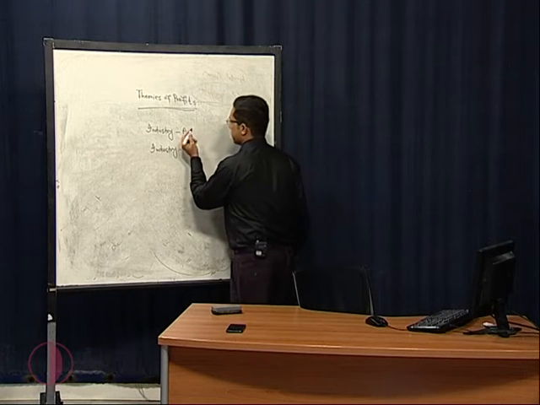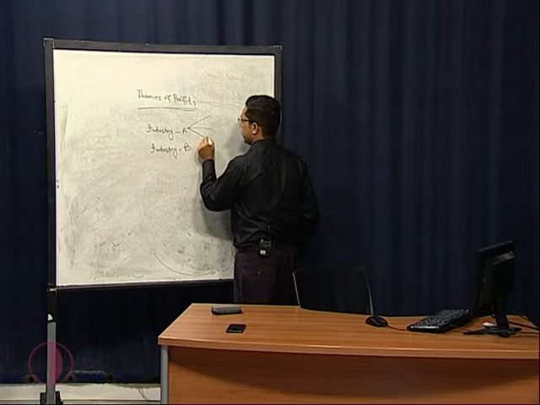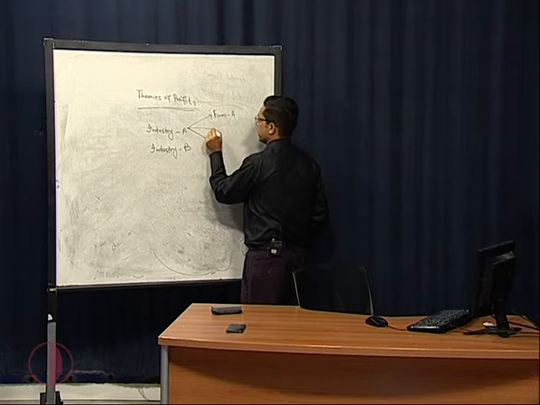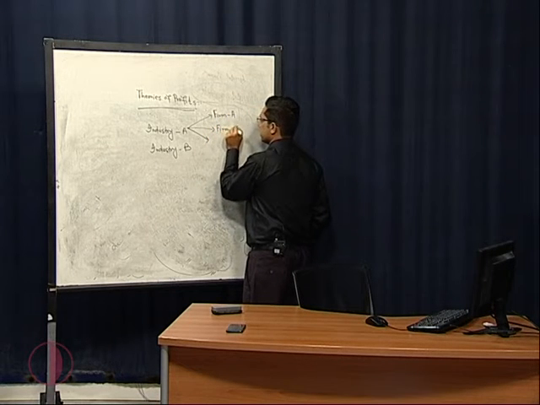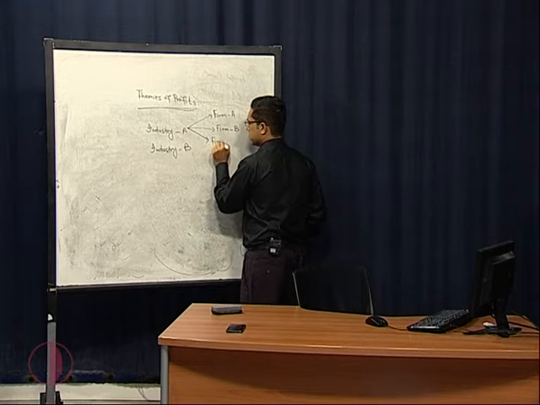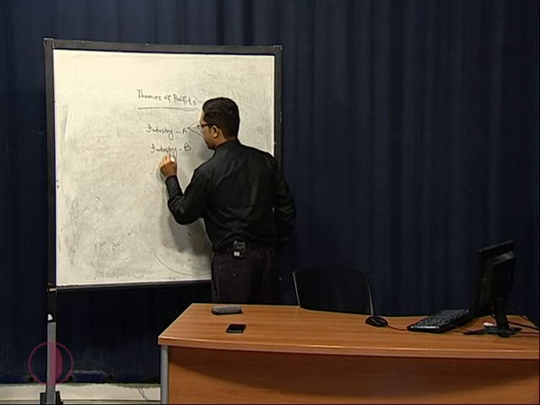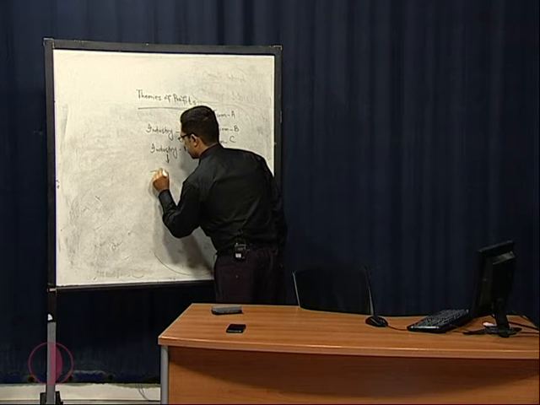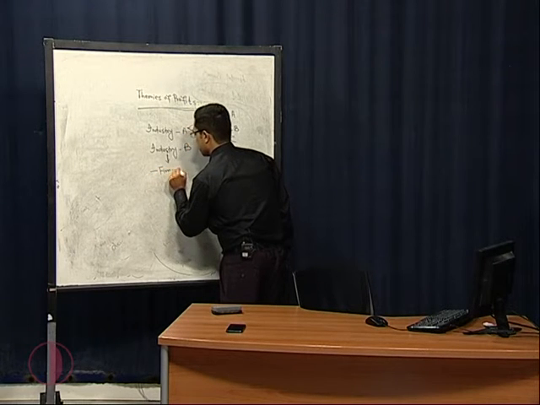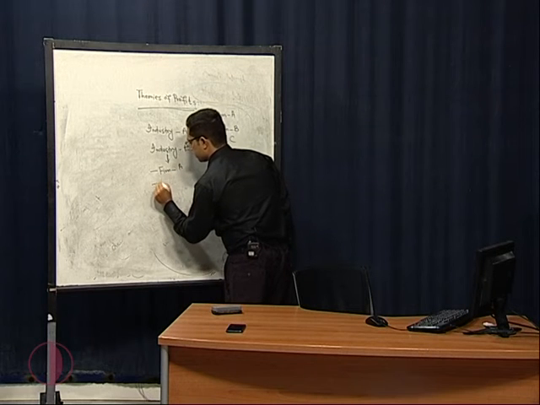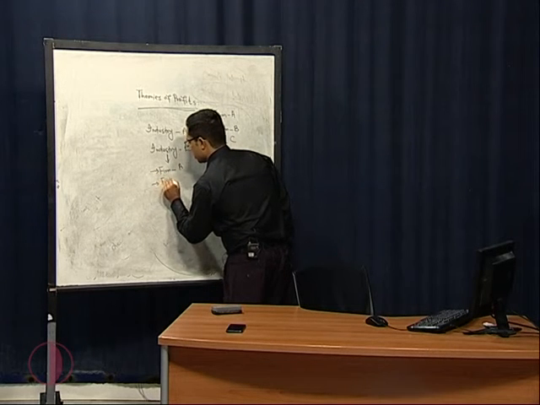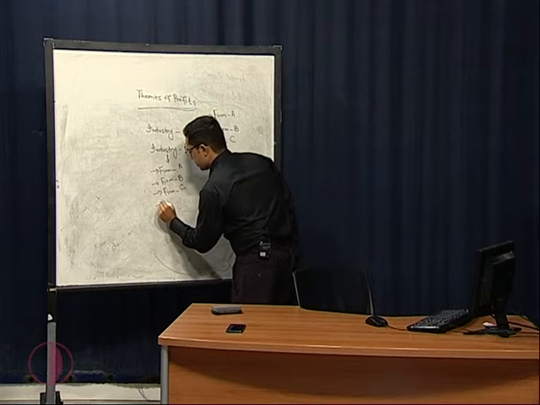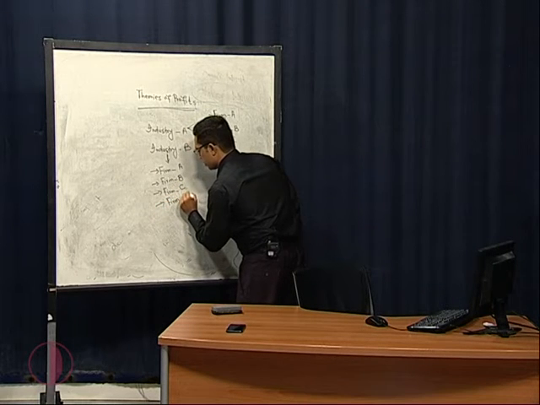In industry A, suppose we have three firms: this is firm A, this is firm B, this is firm C. And in industry B, suppose we have four firms: firm A, firm B, firm C, firm D.